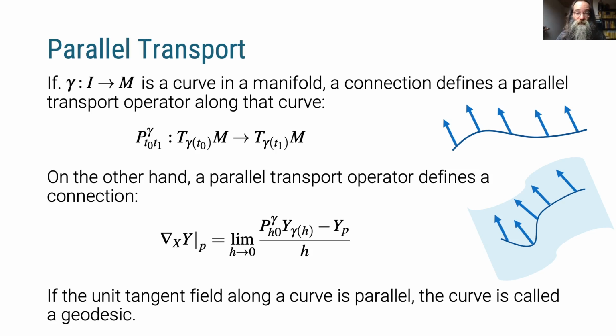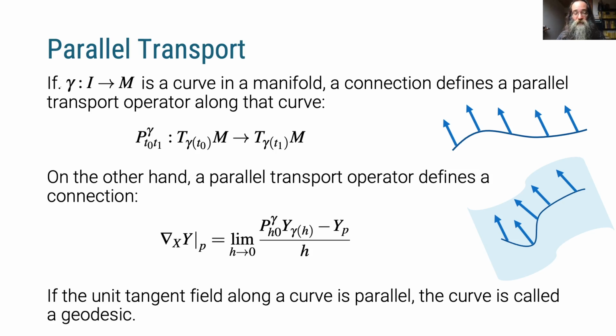And this reverses. If you have such a parallel transport operator, then you can get your connection back by defining the connection nabla_X Y at p to be the usual limit. You push your vector from the position gamma(h) to gamma(0), which passes through the point p, subtract the vector there at p, divide by h, and let h go to 0.